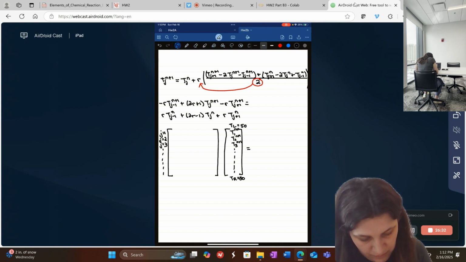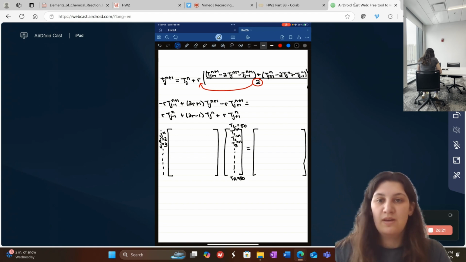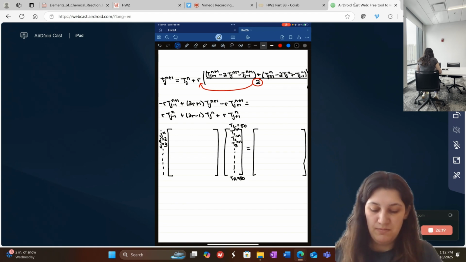And what we're going to end up with is a bunch of values. To really start setting up this matrix, we're going to look at j equal to 2 first.